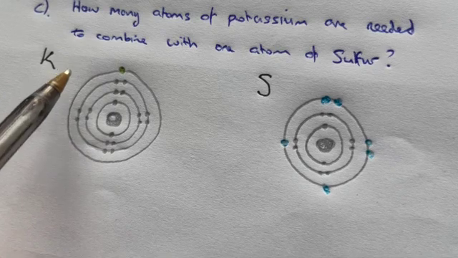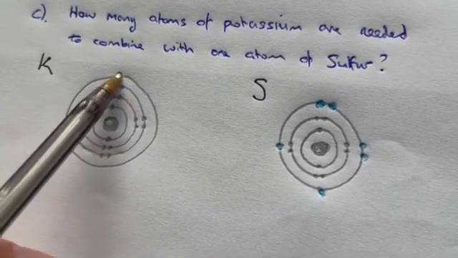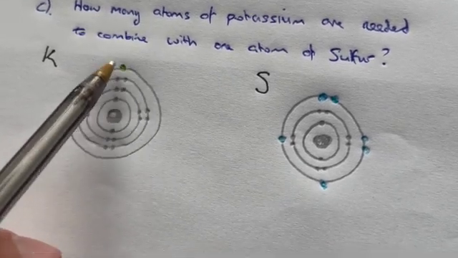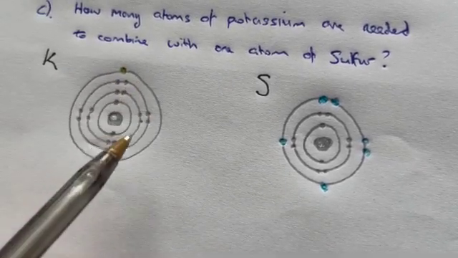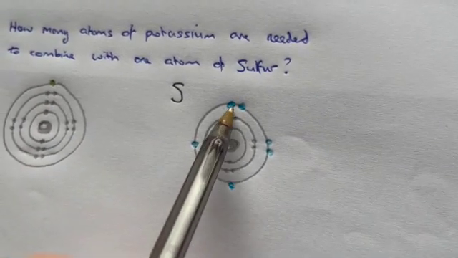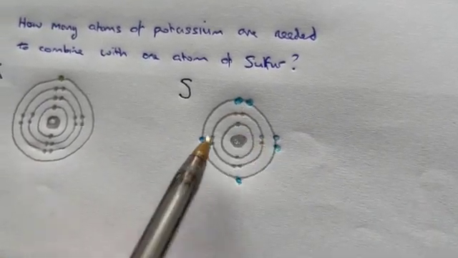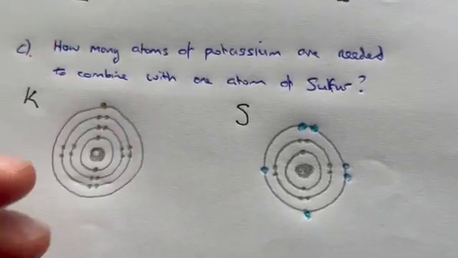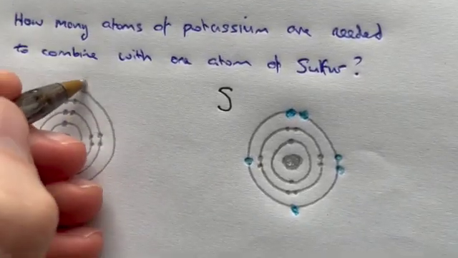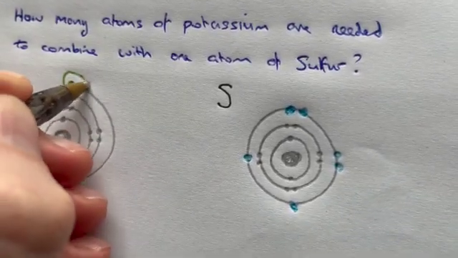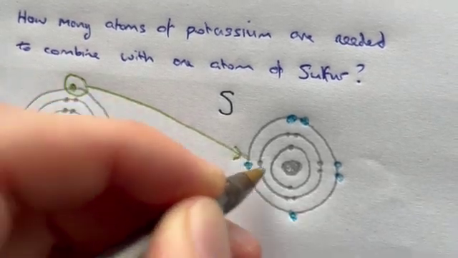So here I have my potassium. It has 1 electron. It's easier for me to lose that 1 electron than to try and put 7 electrons onto it. Likewise, my sulfur is trying to get 8 electrons in its outer shell, and it has 6. So I take 1 electron and give it to my sulfur.